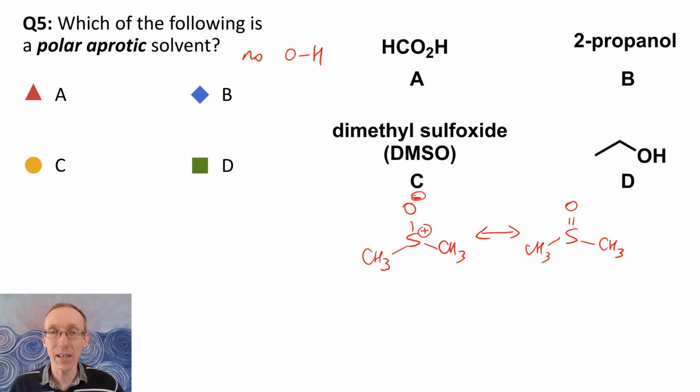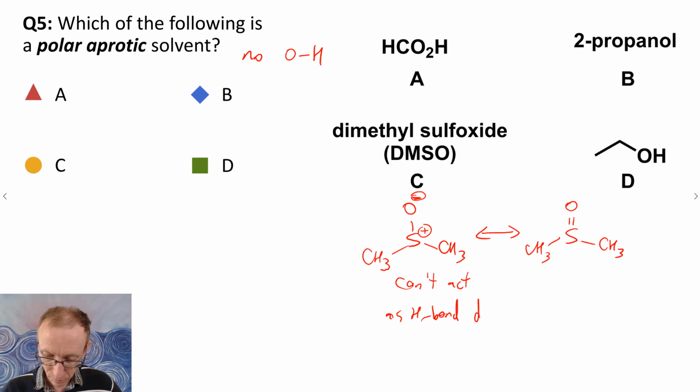We've got a full formal negative charge on oxygen and a full formal positive charge on sulfur. However, there are no OH bonds, and so this can't act as a hydrogen bond donor. And that is the definition of a protic solvent: we need a molecule that can act as a hydrogen bond donor.